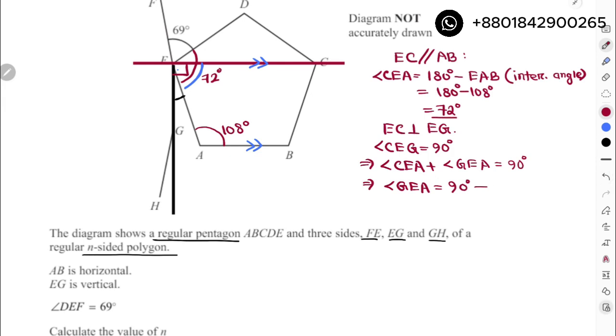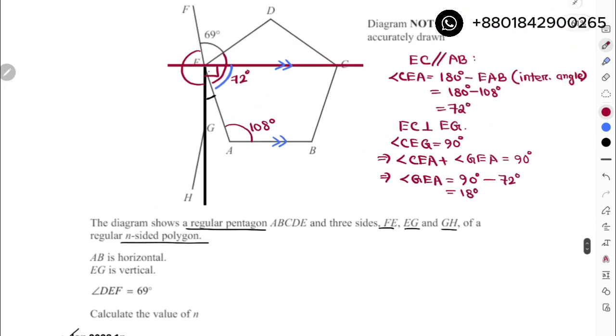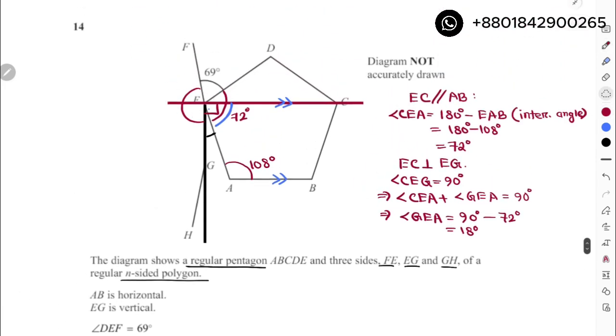The value of CEA was 72 degrees. So 90 minus 72 degrees is just 18 degrees. Now again, at this point, you have to understand that if I want to find the interior angle of this n-sided polygon, we have this 69. The red portion is 108 and this is 18, right? And this interior angle we can easily calculate using angles at a point, which is 360, because this is creating a circle at this part.